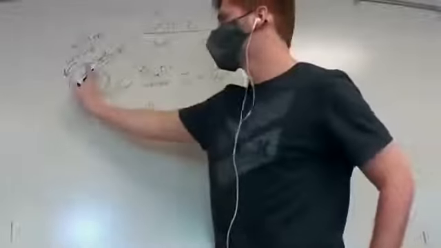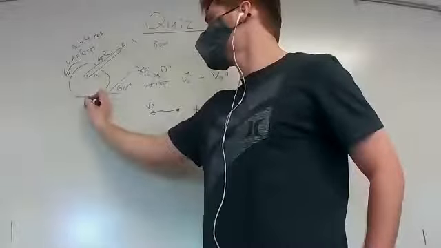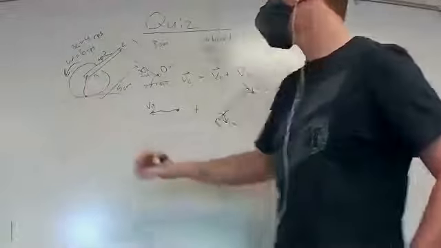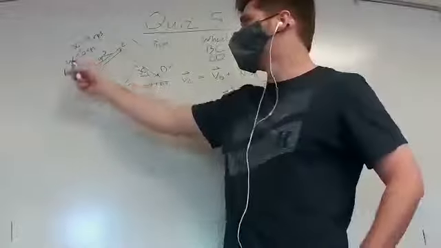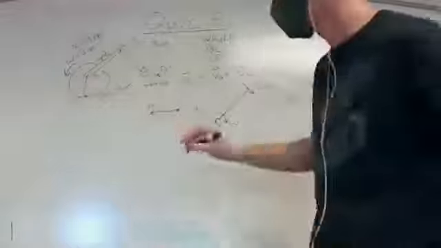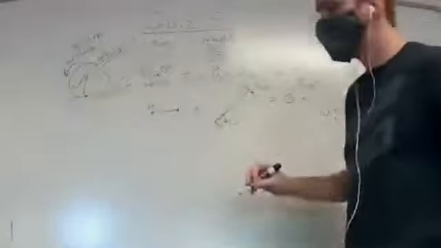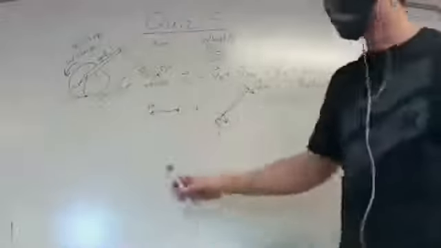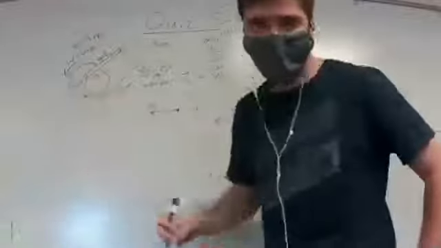No slip wheel. We know that this point of contact and the center of the wheel makes a rigid stick. We can find the velocity of B right away by doing our omega times R.